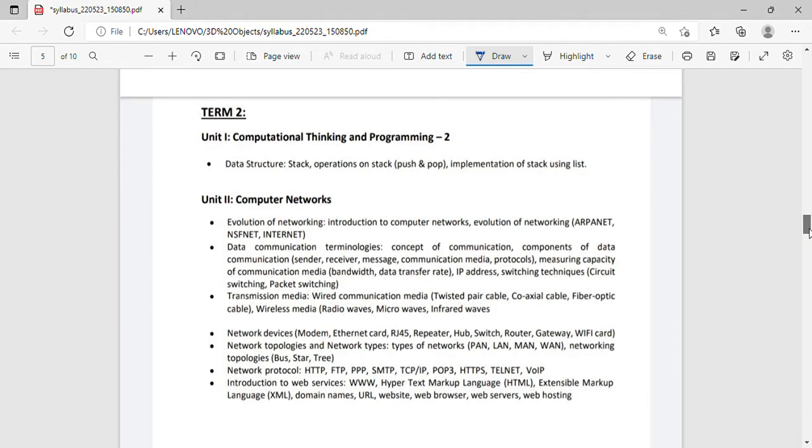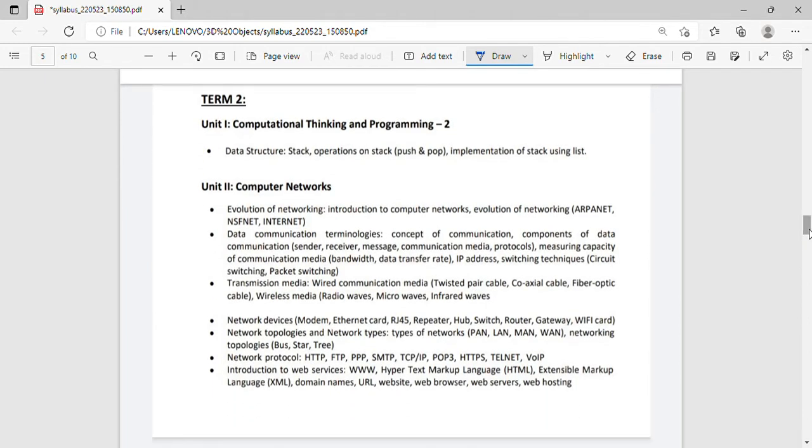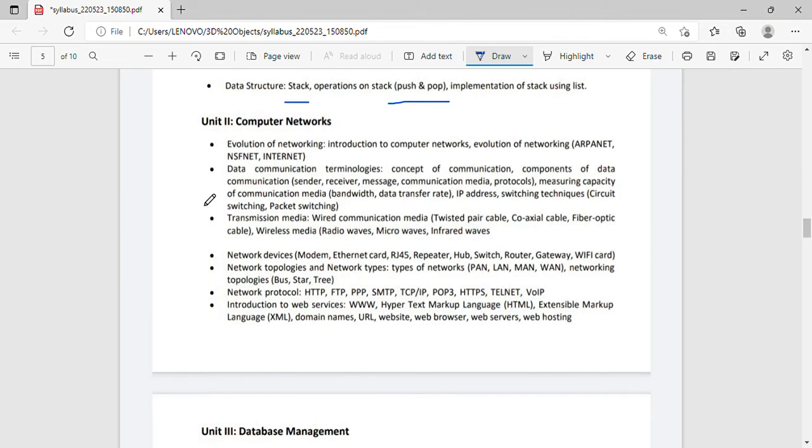We can see that we are not having much syllabus. Few topics of data structure from Python like push and pop functions using stack implementations, and here we are having some topics of computer networks.